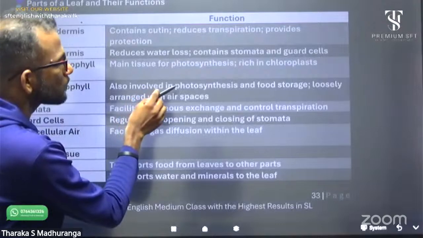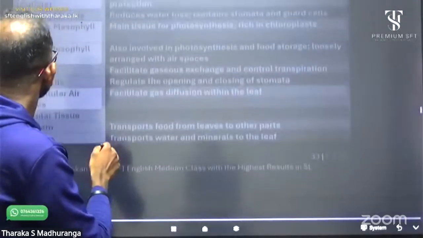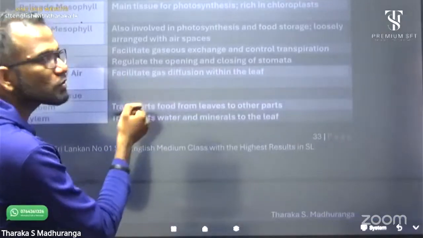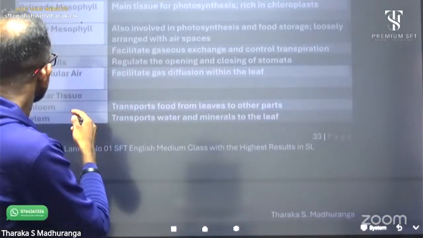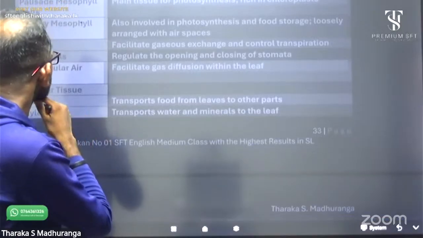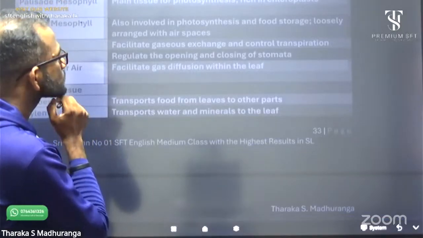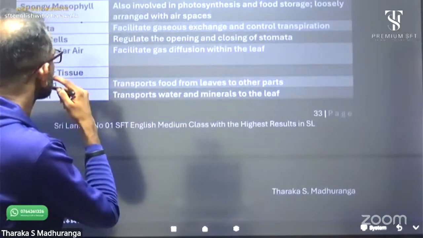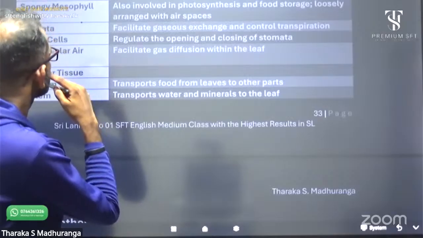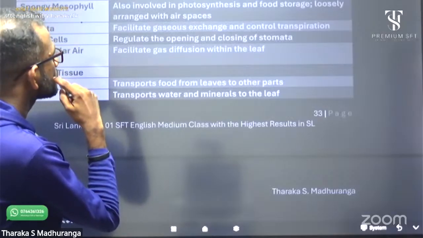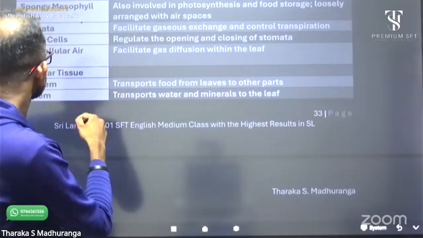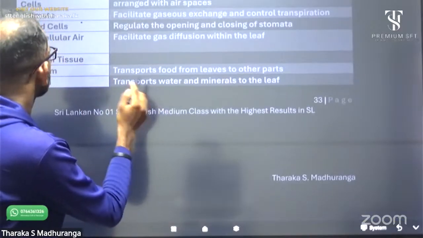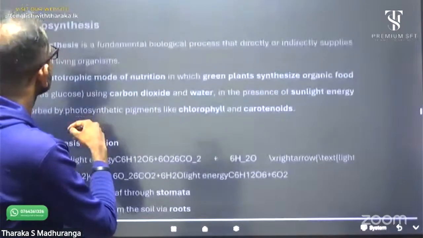Spongy cells also photosynthesis. Stomata for gas exchange, guard cells to control the stomata, intercellular air space for gas exchange. Xylem for water transportation, phloem for food transportation.